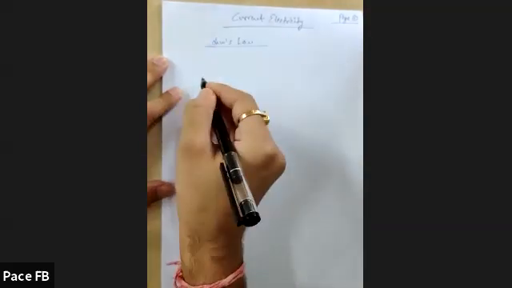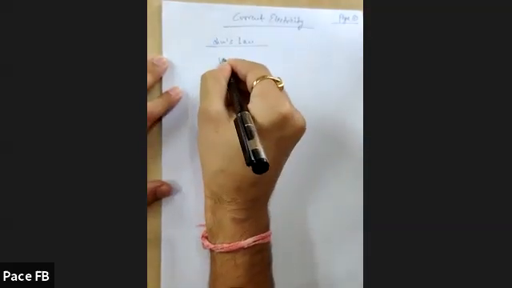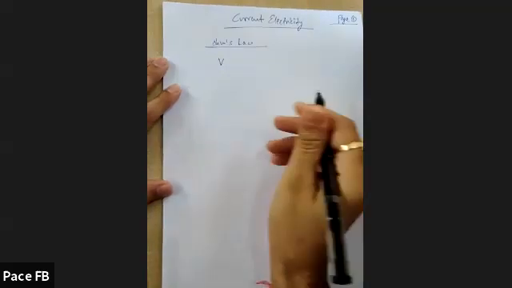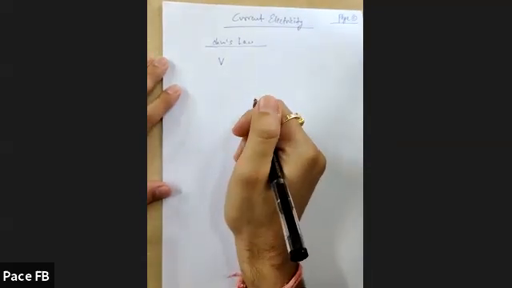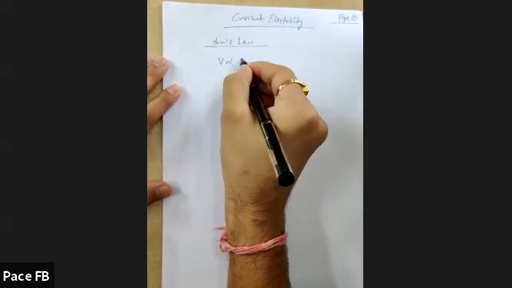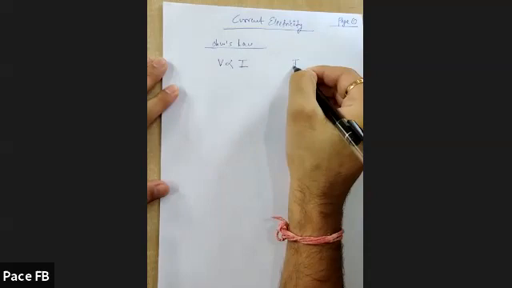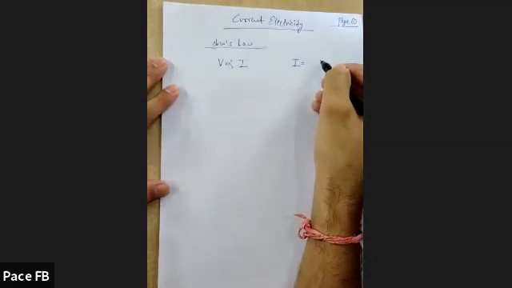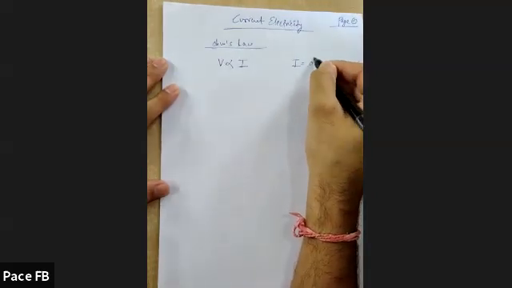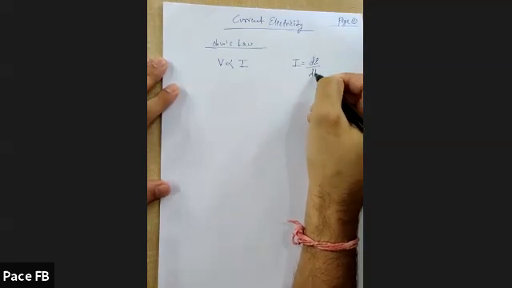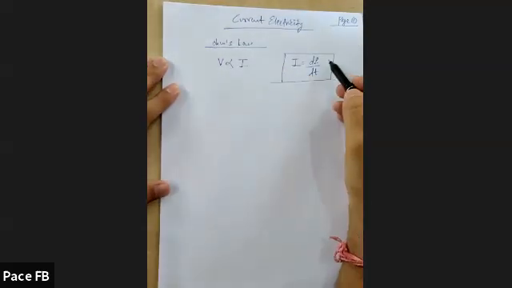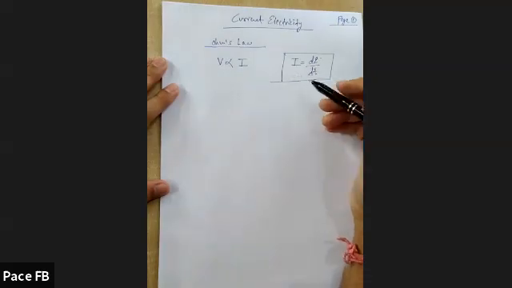Ohm's law is that the potential difference across the ends of a conducting wire is directly proportional to the amount of current flowing through it. And what is current? Current is equal to the rate of flow of charges. It is dq by dt. The rate of flow of charge with respect to time is known as current.